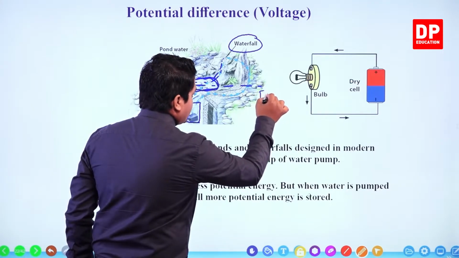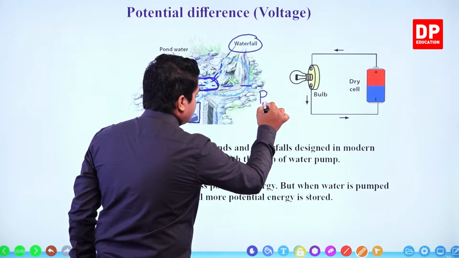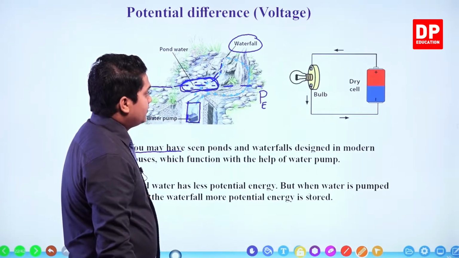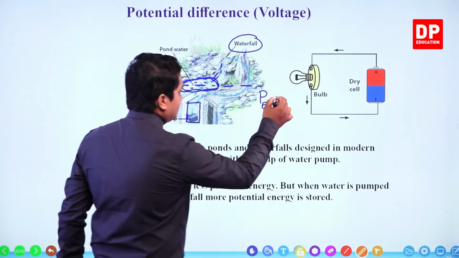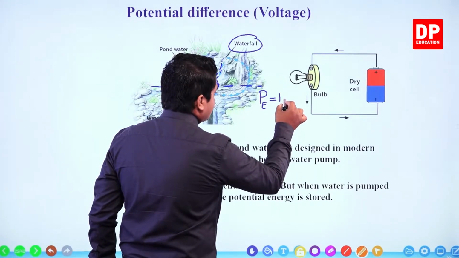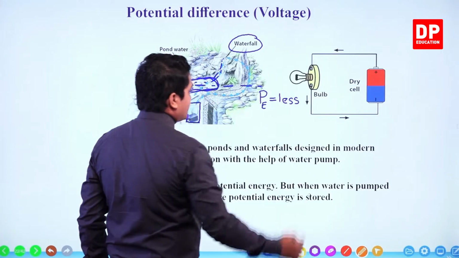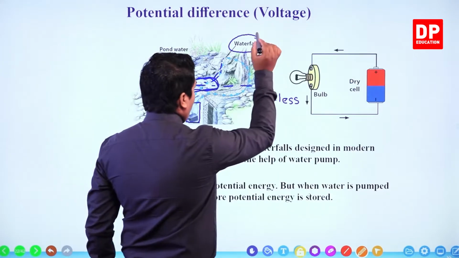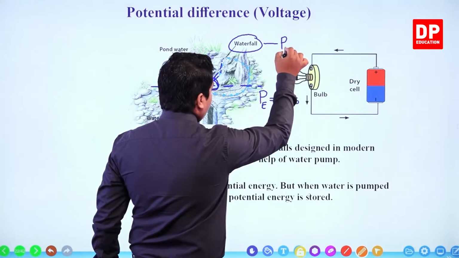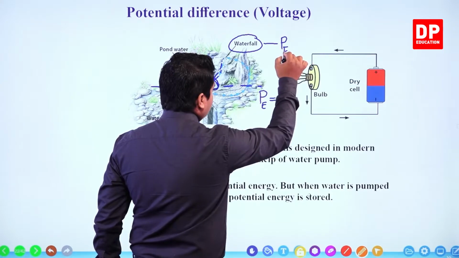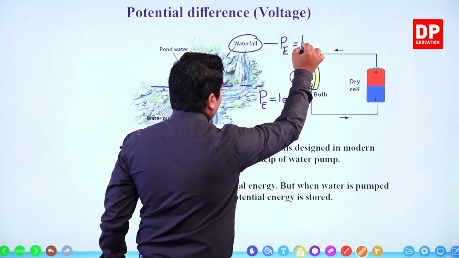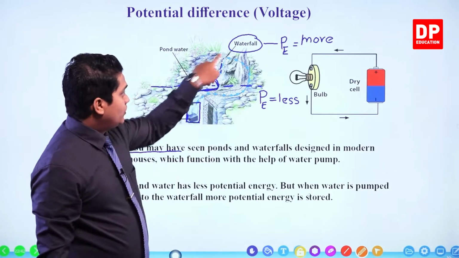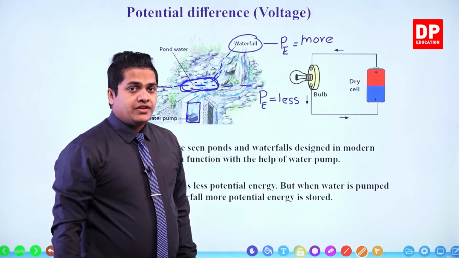Potential energy, I'll mention it as PE, is less here. And at the top of the waterfall, the potential energy is more.